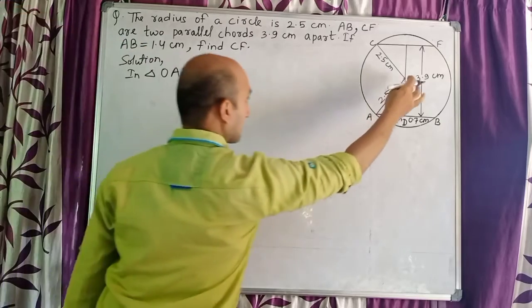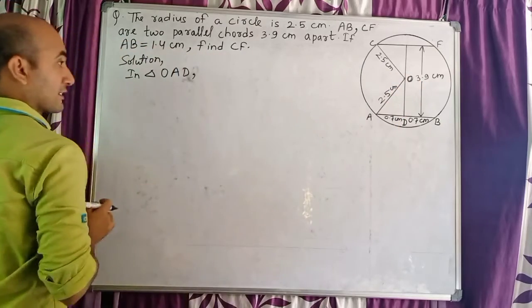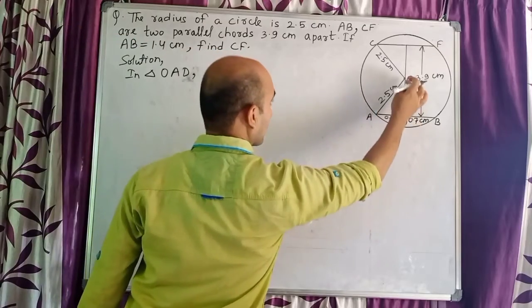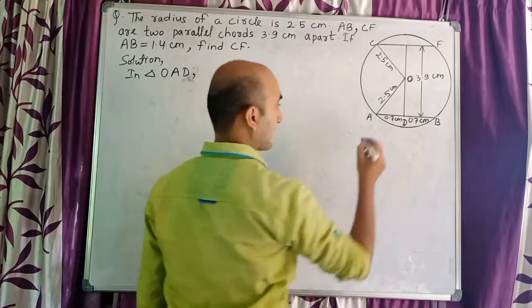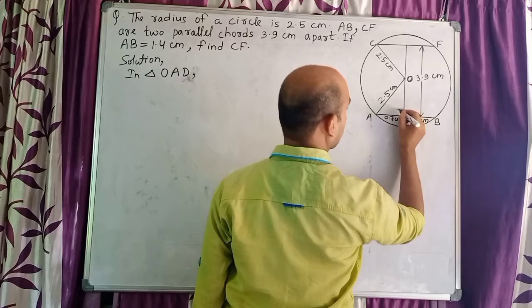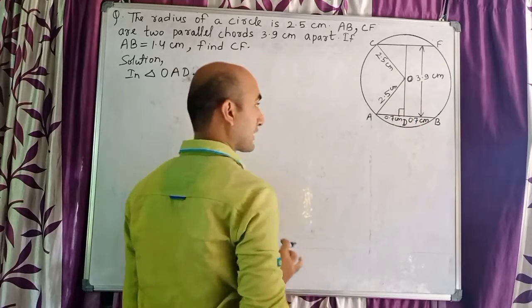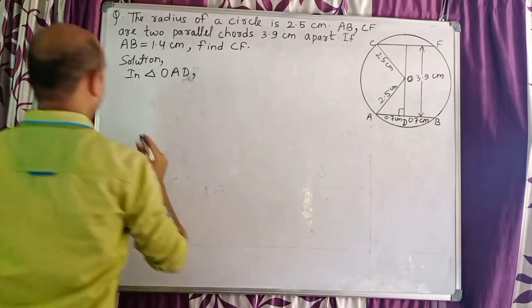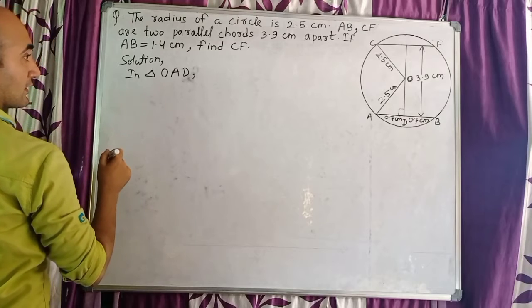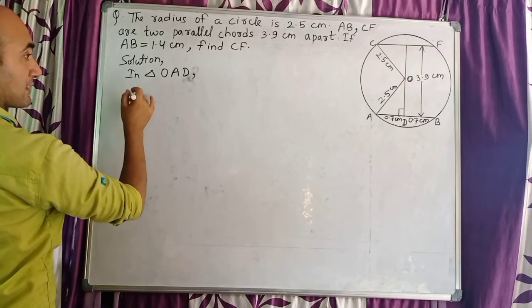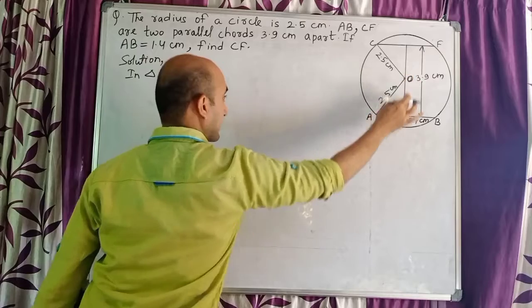in this triangle the hypotenuse is given, the base is given, who is not given? Perpendicular. And let me tell you that this is 90 degrees, so this is the perpendicular. Okay, so I can apply the perpendicular formula. Here the perpendicular's name is OD.